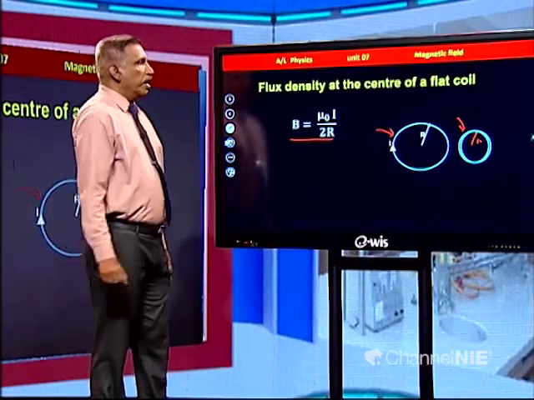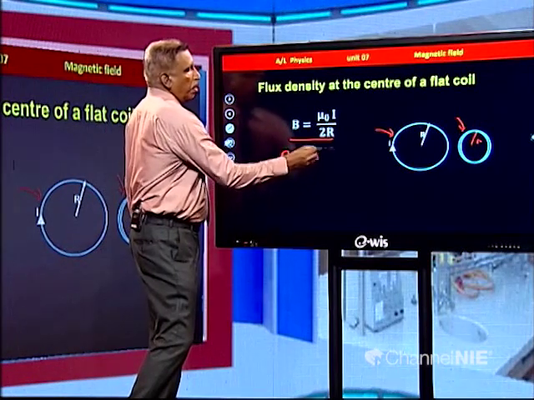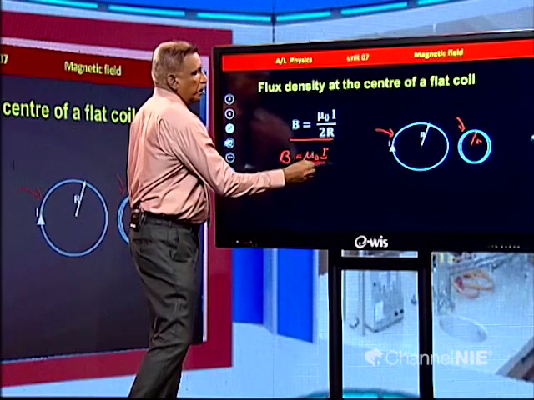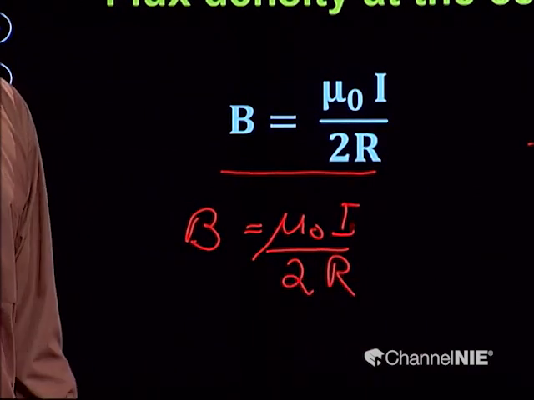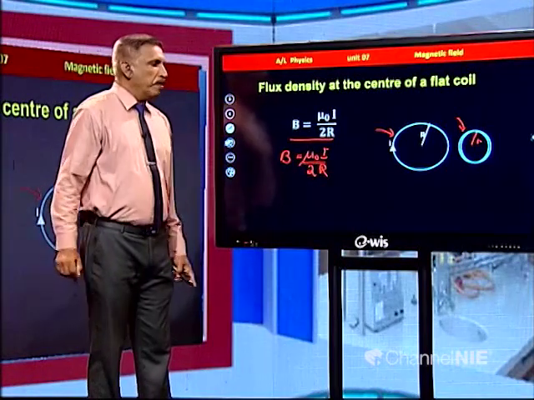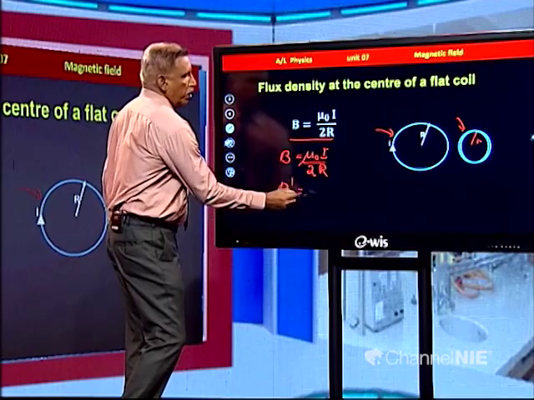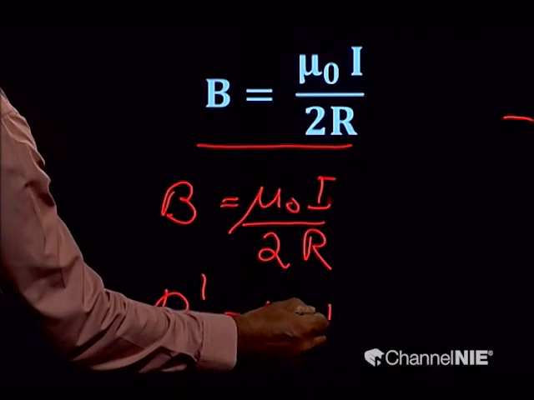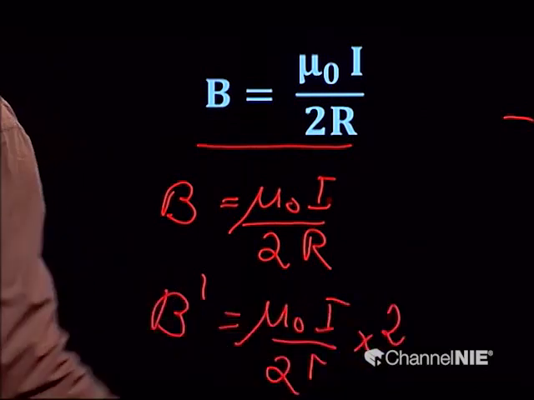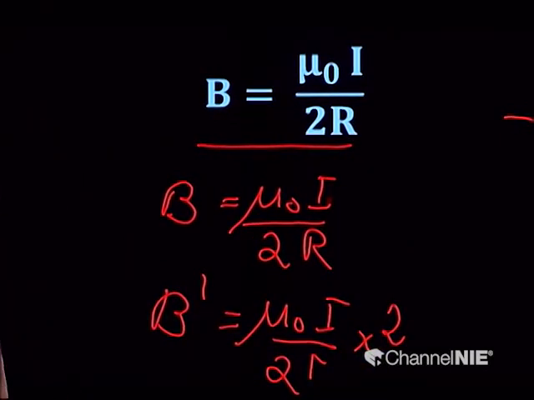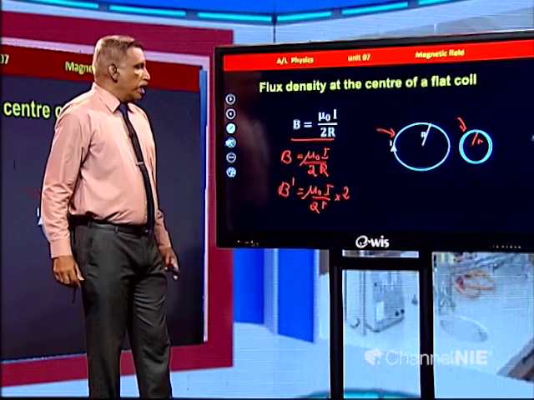Therefore, for the first coil we can easily write B = μ₀I/2R. Again, for this small circular coil, the flux density B' = (μ₀I/2r) × 2, because there are 2 loops there. So this is not a problem for you. Then what is the change of factor?